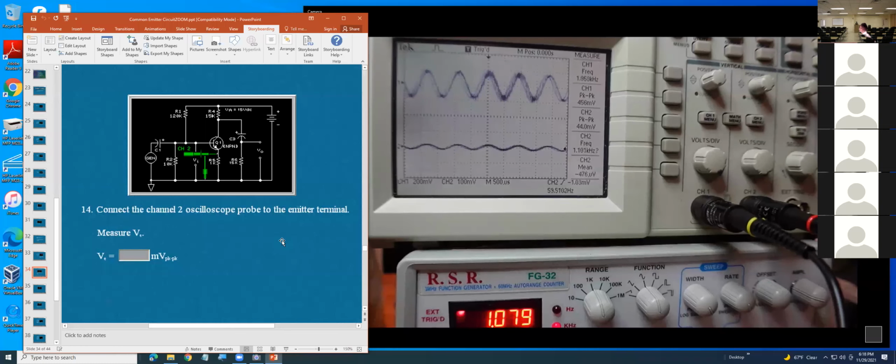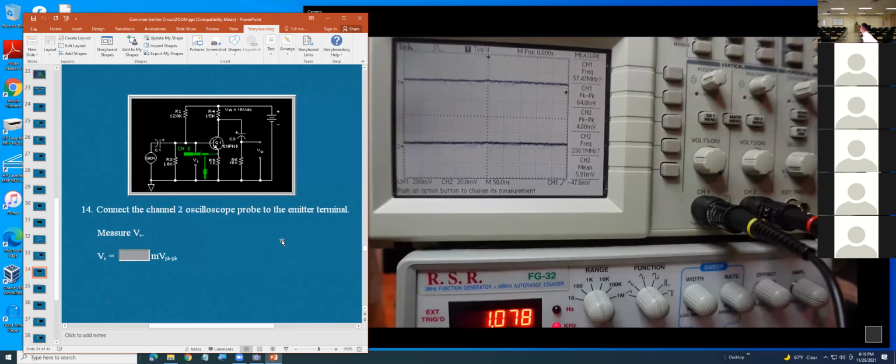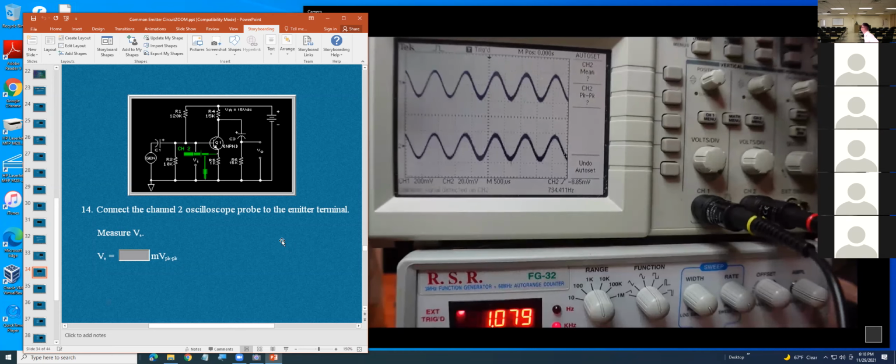Let's see if I automatic measure to see what you can see. Okay, so basically the signal goes into the base, and then goes to the emitter, and they are in phase. You can see either both go up or both go down.